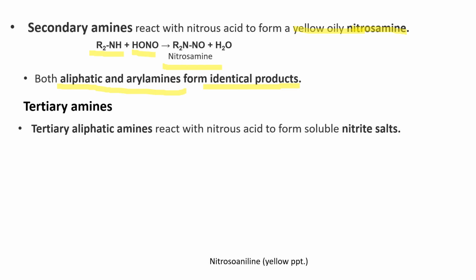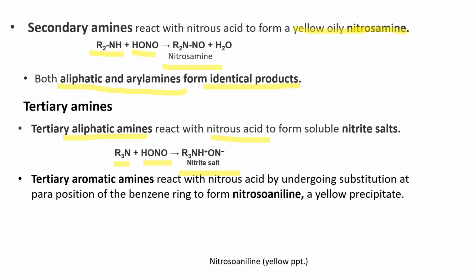And whereas in tertiary amines, again we have to look at tertiary aliphatic amines and tertiary arylamines. So let us see how the tertiary aliphatic amine reacts with nitrous acid. When a tertiary aliphatic amine reacts with nitrous acid, it forms a nitrite salt.